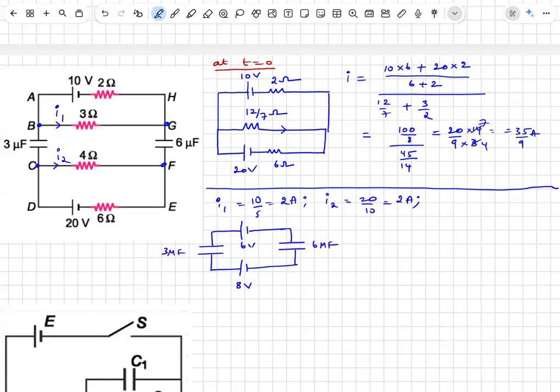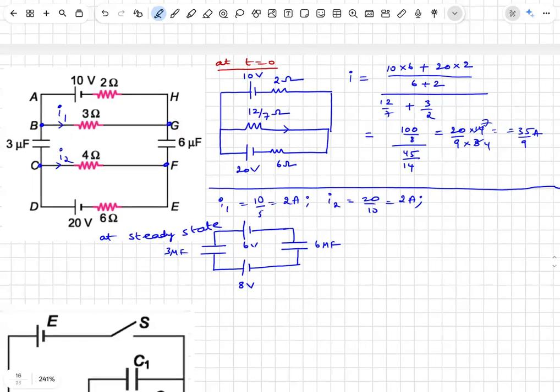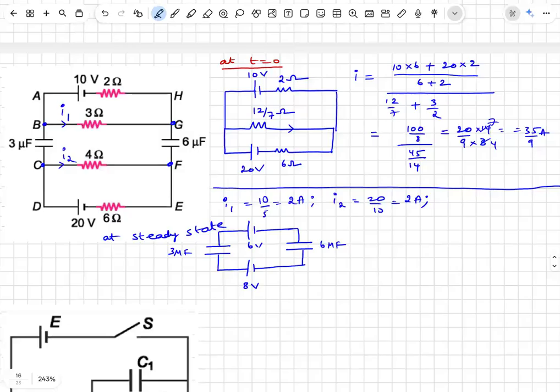That is the equivalent circuit at steady state. So how many have understood this? Raise your hands. How many did not follow this? Raise your hands. Shreyas, what is your doubt? Be loud.